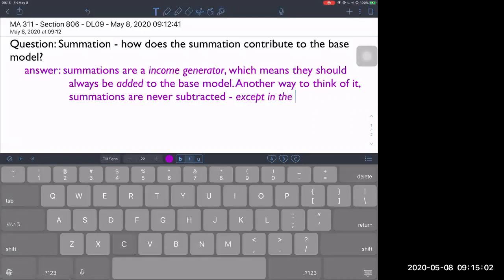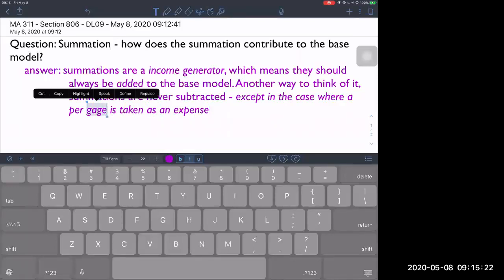except in the case where, and I'll do this as a short example too, so it won't be a big honking model, a percentage is taken as an expense. But I'll do a quick example of this one too, percentage.